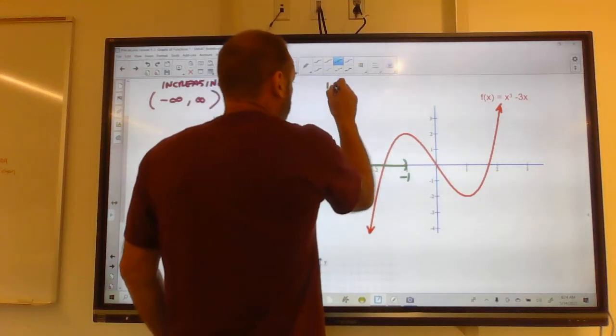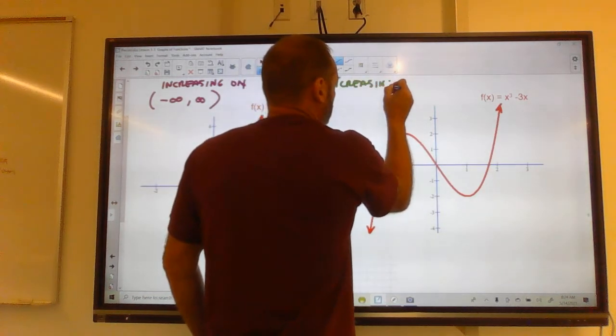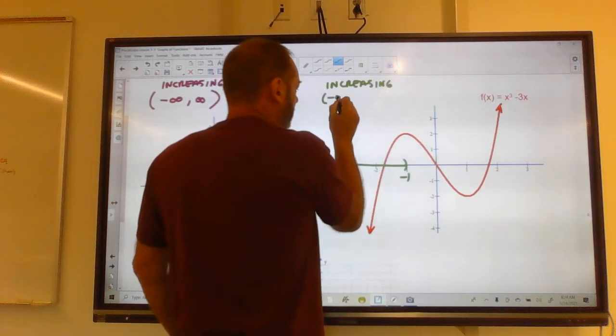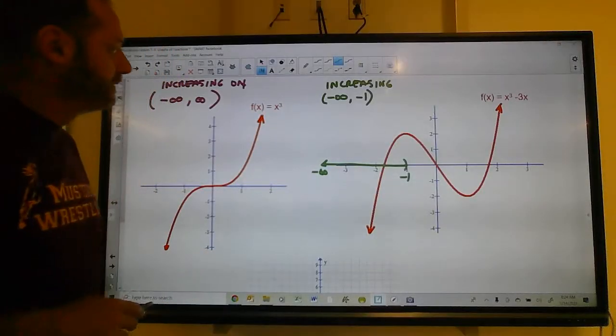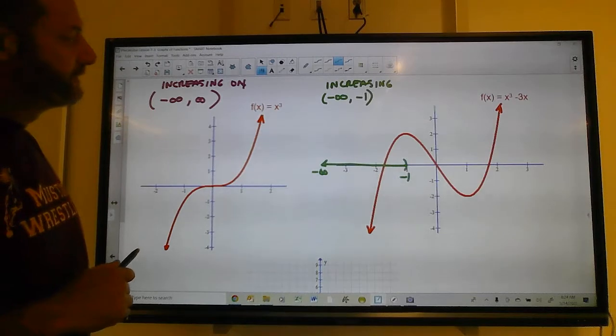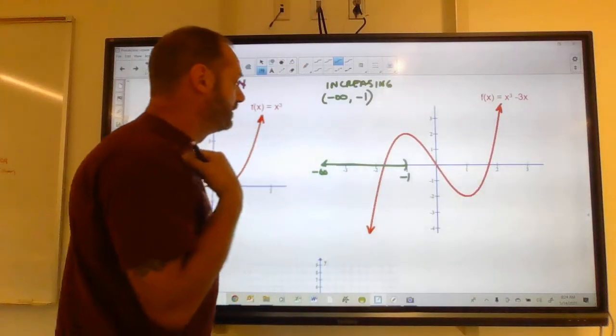So we say it's increasing from negative infinity to -1. That's not a point, that's an interval.